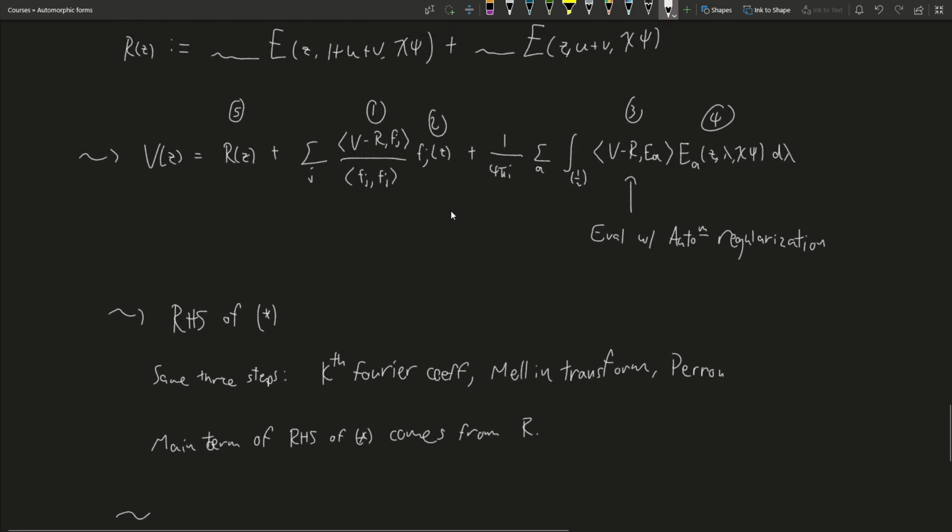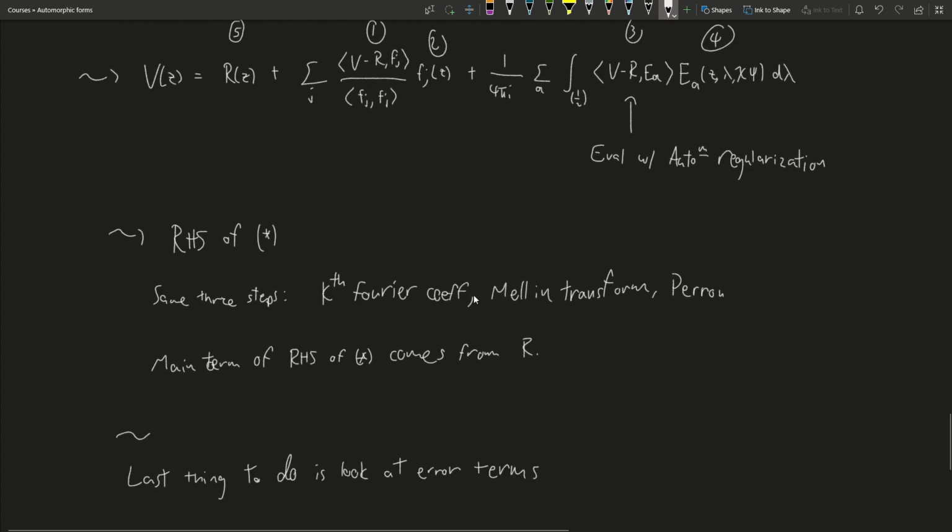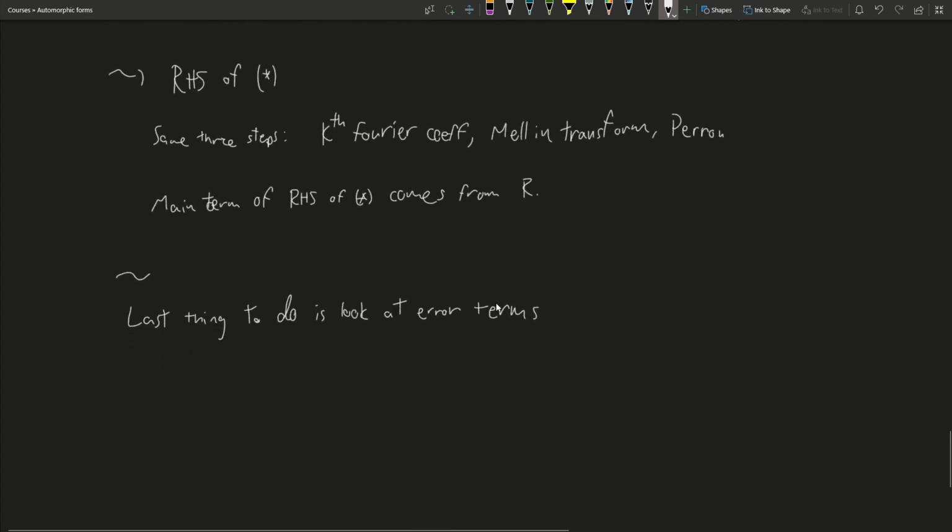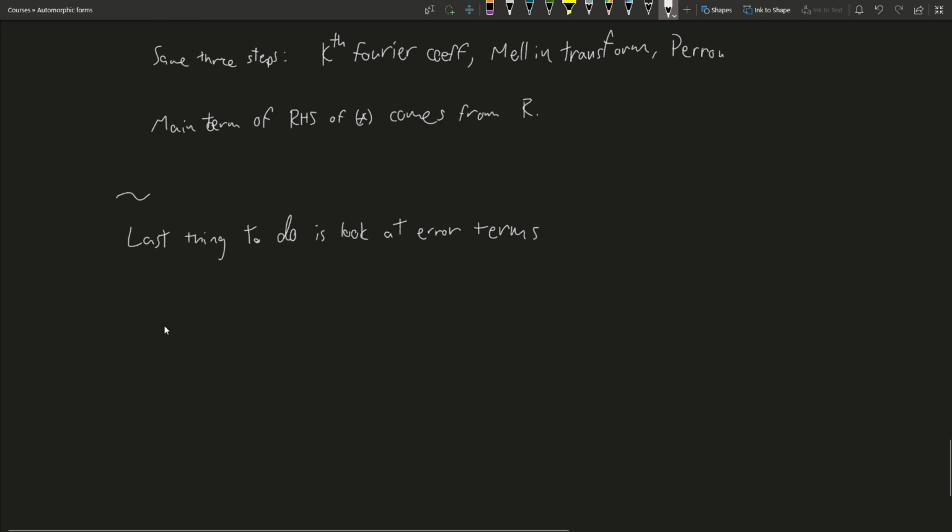Essentially, when you have, say, this 1 and 2 and this 3 and 4 thought of together, after you go through these 3 steps, you have to bound the term 1 plus 2.